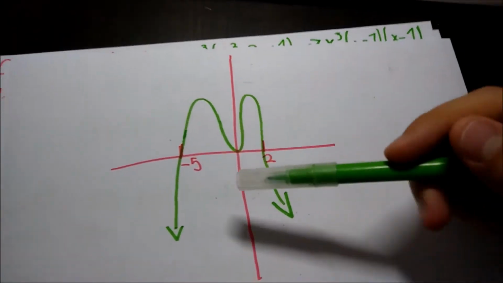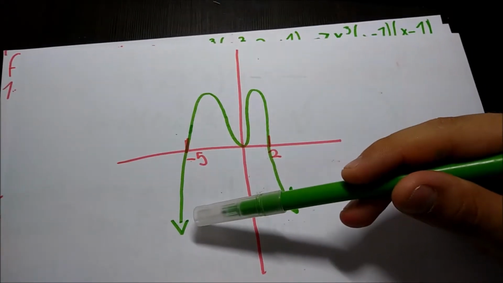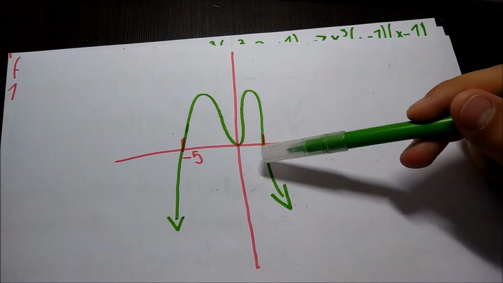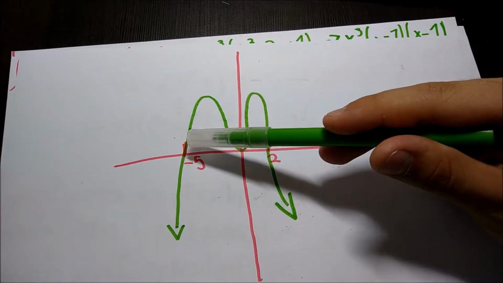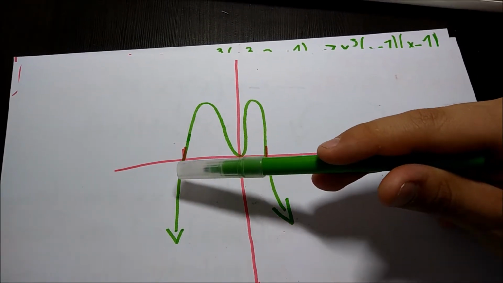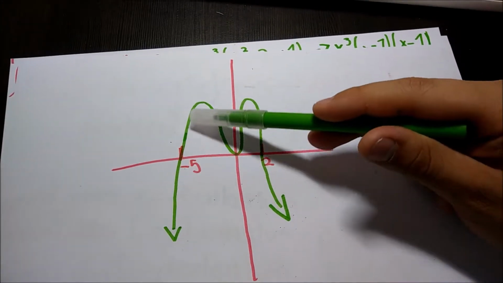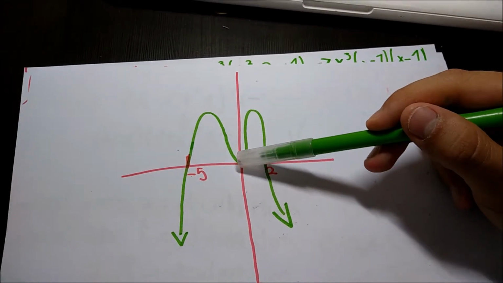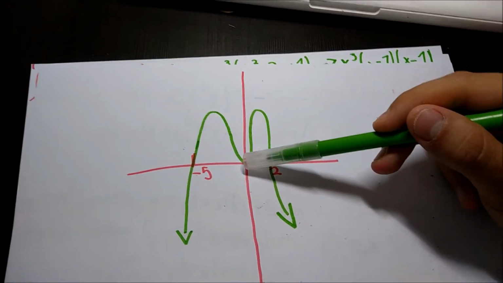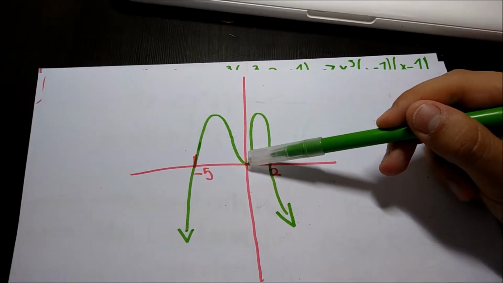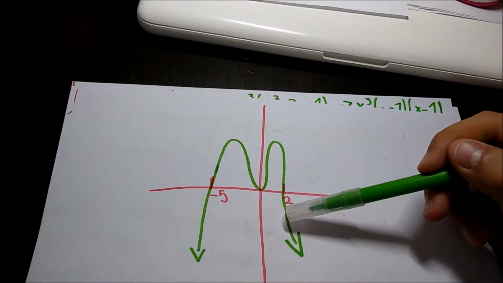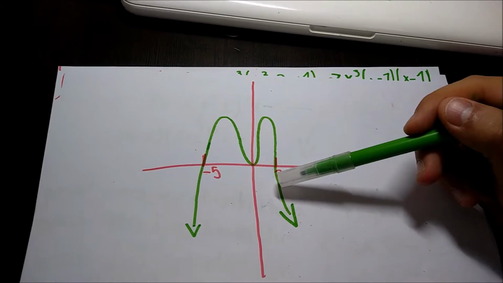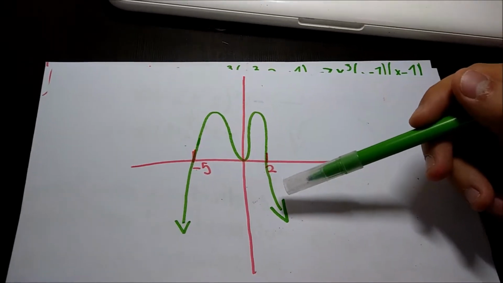As I said, it starts from minus infinity and it ends at minus infinity. It crosses at minus 5 because it has a multiplicity of 1, which is odd. The 0, which has a multiplicity of 2, bounces on the x-axis, and it crosses at the 2 value because it is odd. And this is the behavior.